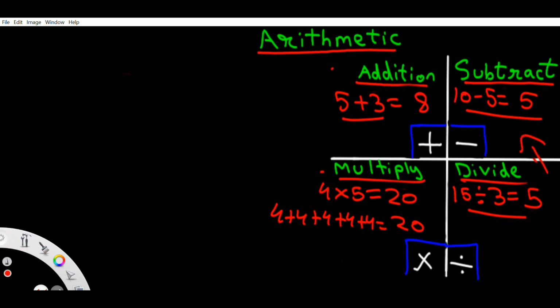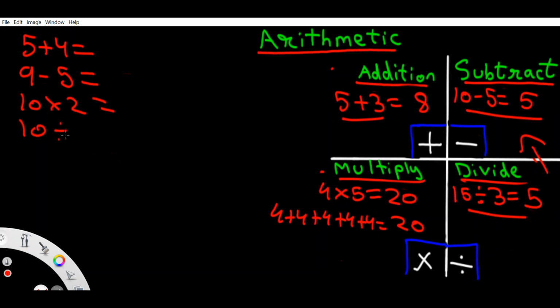Let's say you have a set of problems. How do you figure out which operation you're going to use? You see that the signs are different in each question. This is because each operation has a different symbol.